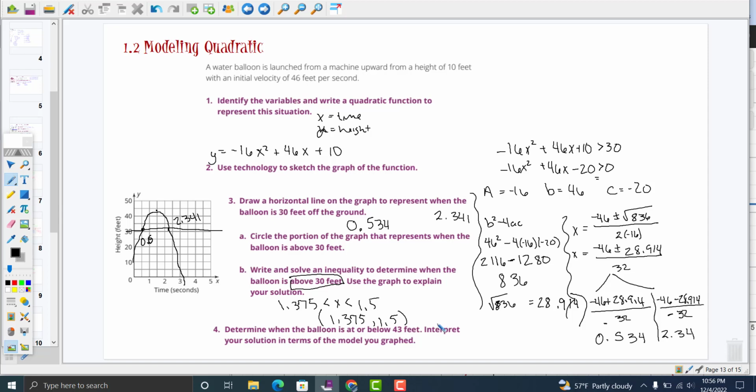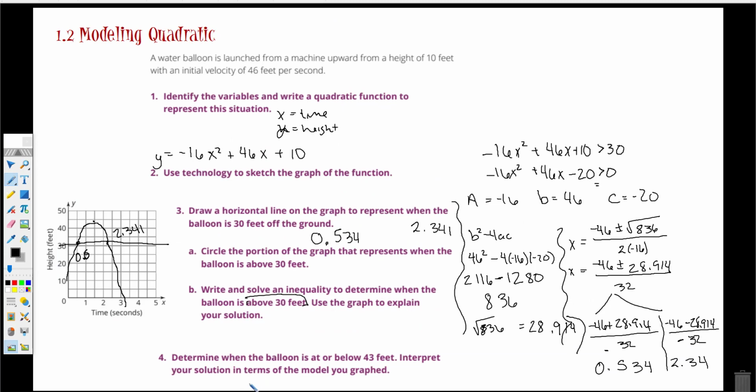Oops. I wrote that the wrong way. Also got the wrong line. At above 40 is going to be that we need to be less than that 1.375. So from negative infinity up until that point, or greater than 1.5.